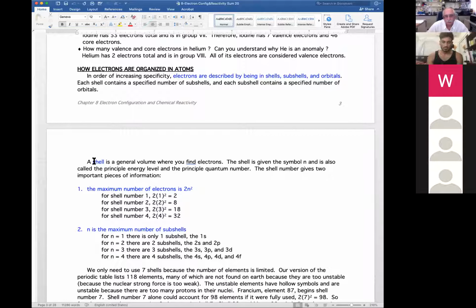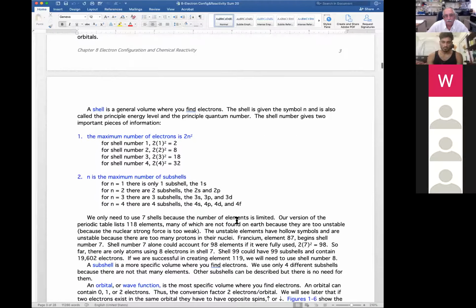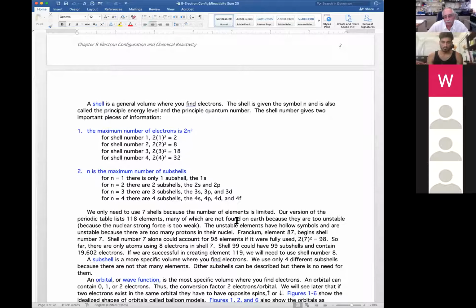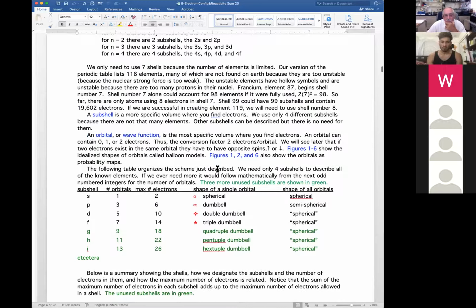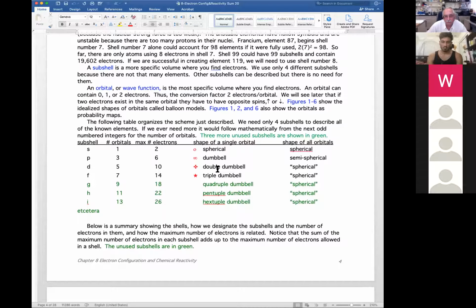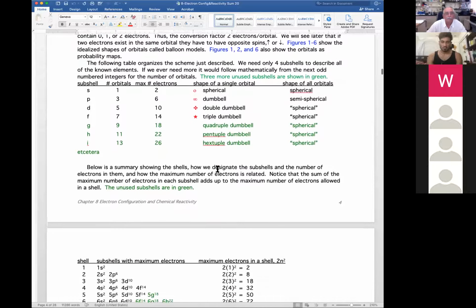So the shell is simply a general volume, but the shell, which is really the principal quantum number, given the symbol n, tells us the maximum number of electrons that you can put into a shell. It also tells us the number of subshells that are possible. Then an orbital is the most specific place where you're going to find electrons.